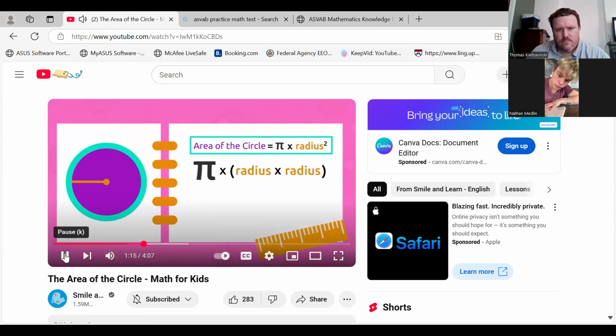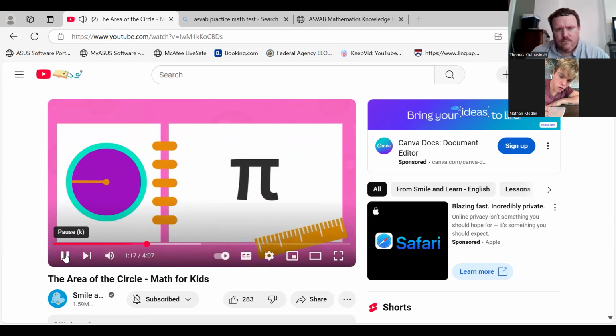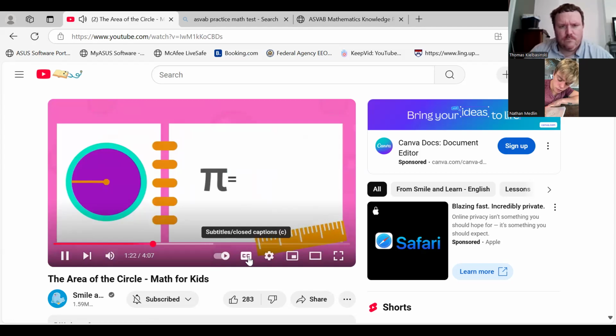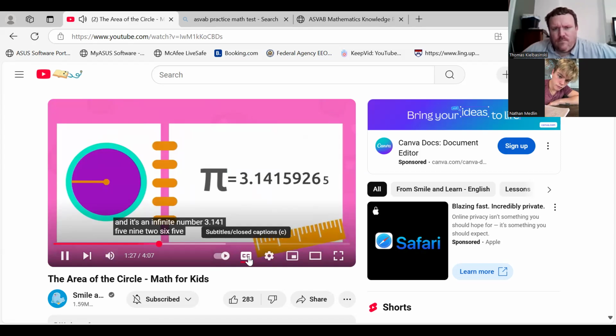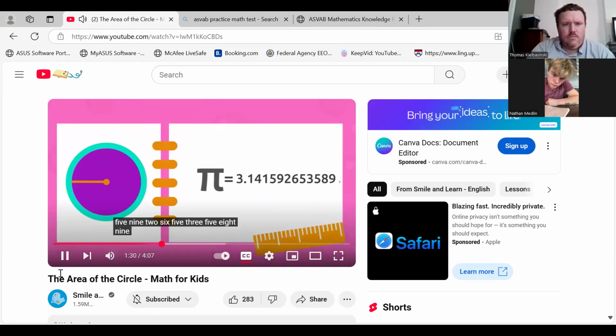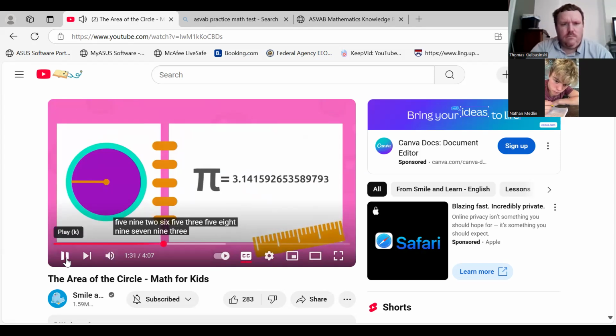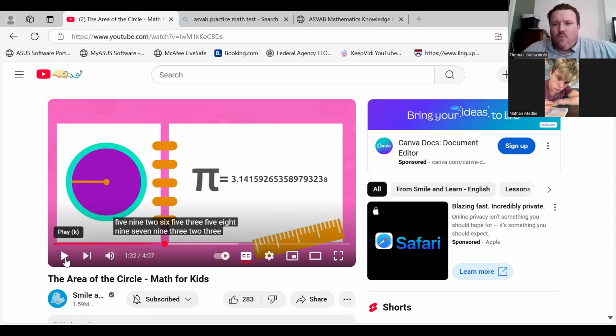Also remember that for every circumference in the world, number pi is represented by the Greek letter pi. And it's an infinite number, 3.14159... So ignore the rest of those numbers and just assume it's 3.14.